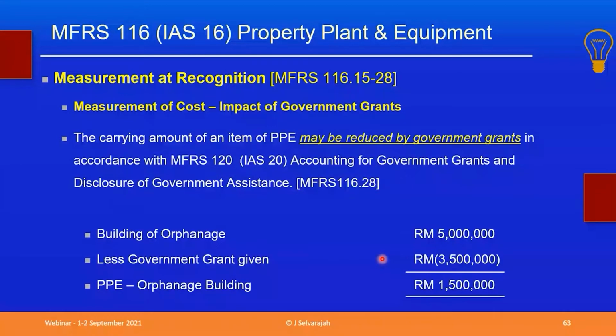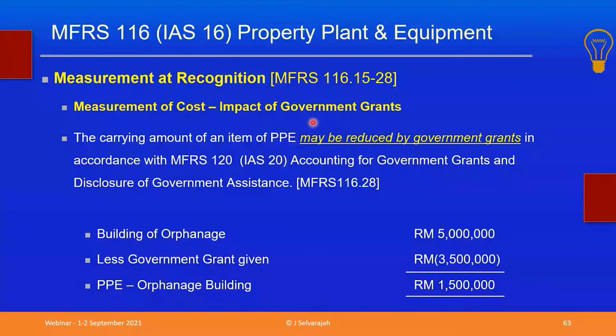Now, another one on the recognition of PPE. What about government grants? When you buy something and the government gives you a grant. Now, of course, not everybody gets grants, but sometimes for tax purposes you might get certain grants, or in an industry where the government is encouraging a certain industry, they may give grants for startups.